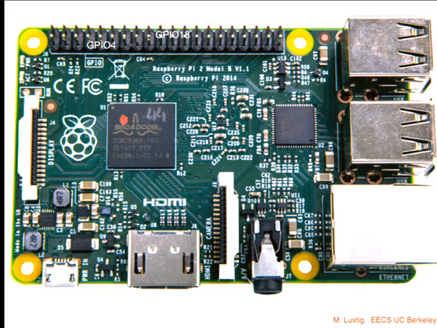Costs about $35. Has 4 cores in this version, and it's used for anything that you want to do with embedded stuff. It runs off a 5 volt source. It can run off a battery. Now you can buy the Raspberry Pi Zero, as it's called, and it's a $5 small computer. So quite powerful.